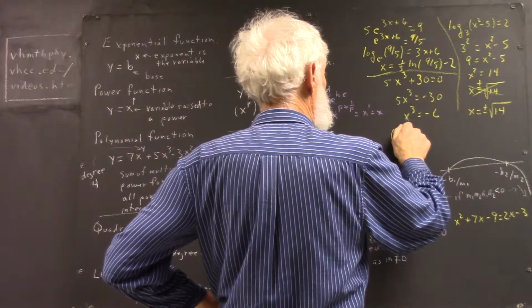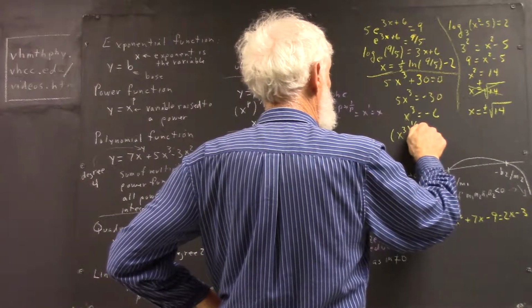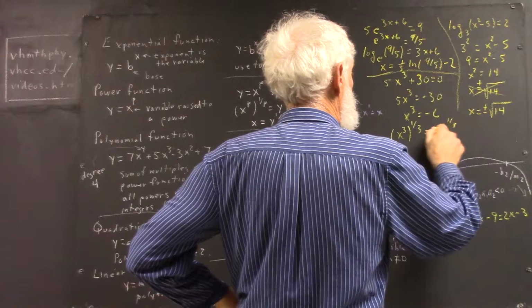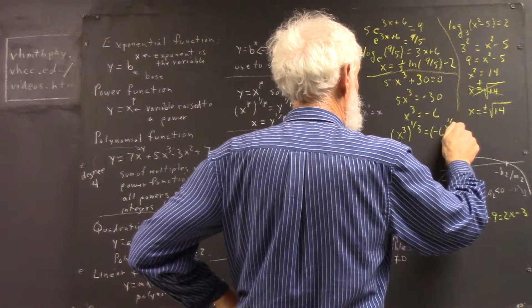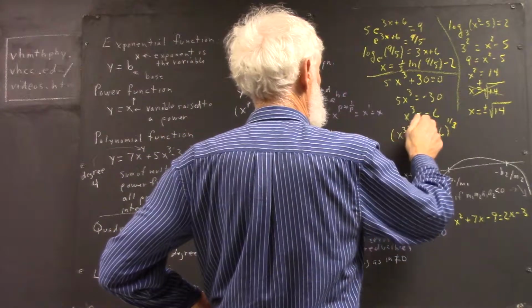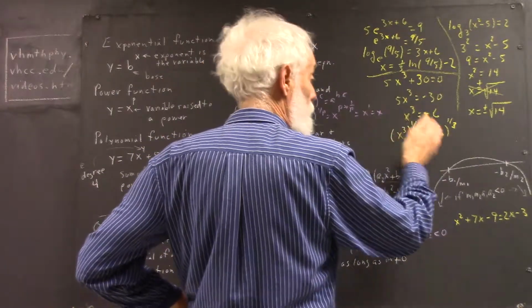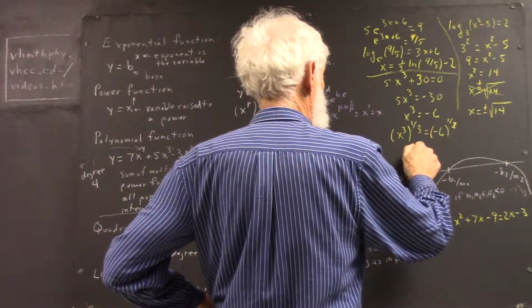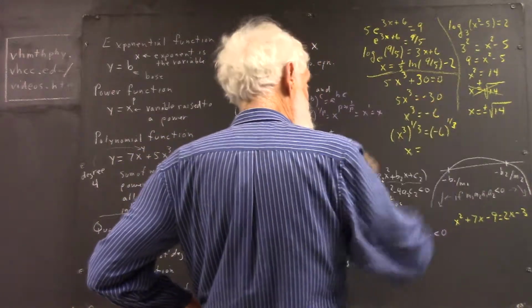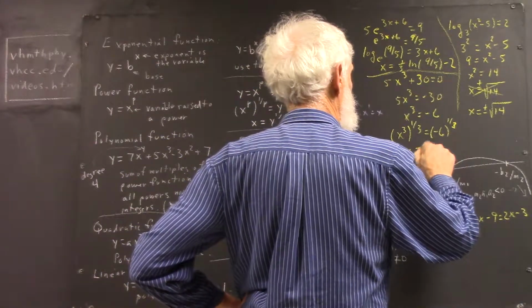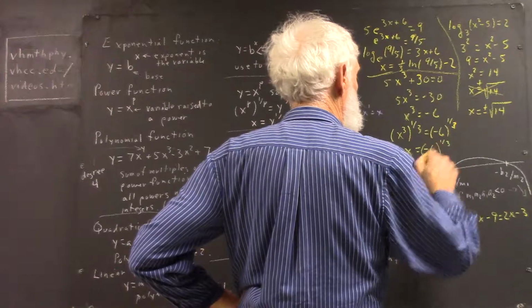Then x cubed raised to the 1/3 power is negative 6 raised to the 1/3 power. x to the third to the 1/3 is x to the 3 times 1/3, which is x to the 1, which is just x. That's why we raised this to the 1/3. So that would be negative 6 raised to the 1/3 power.